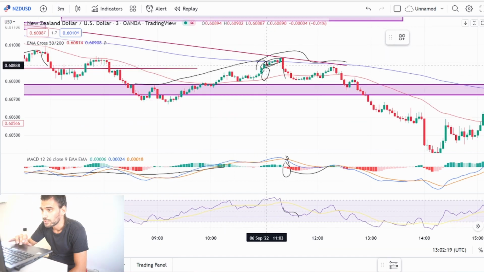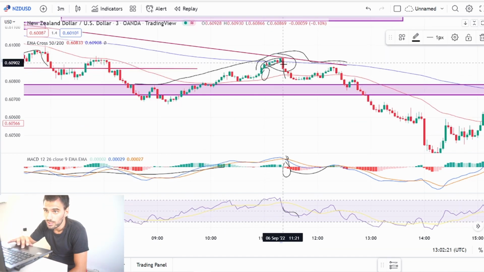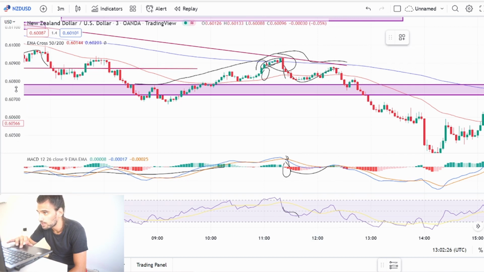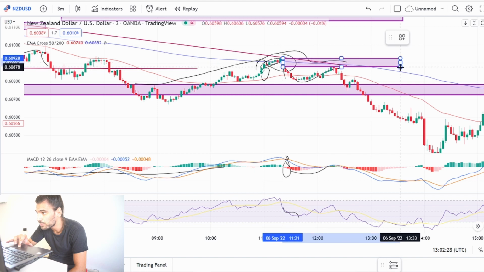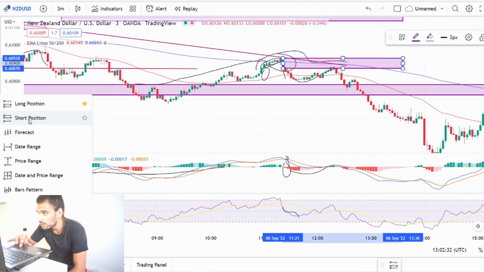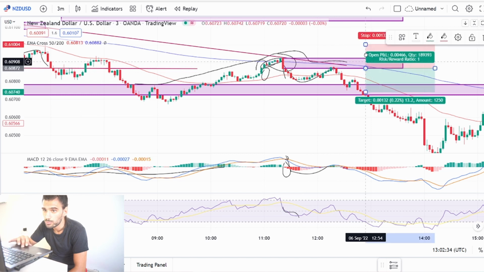Now we saw the market going to the downside after this candlestick, and we saw the market came back to retest again this area, which here is our entry point.